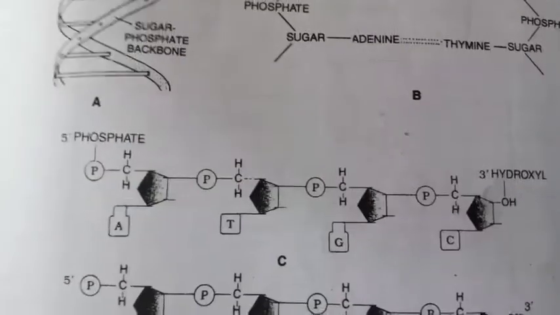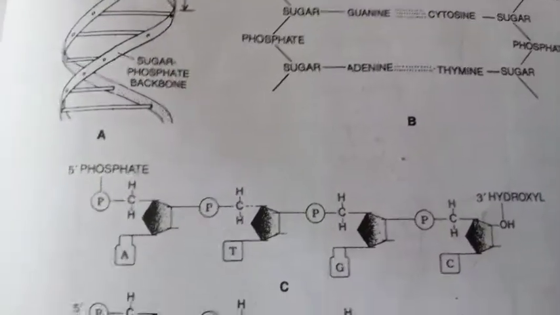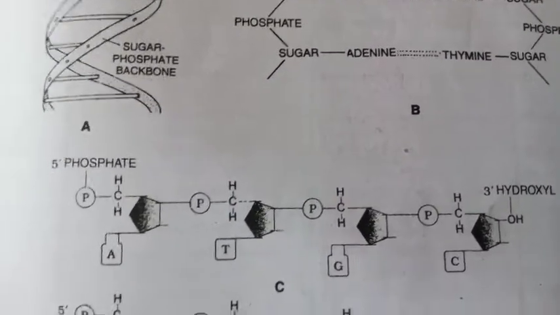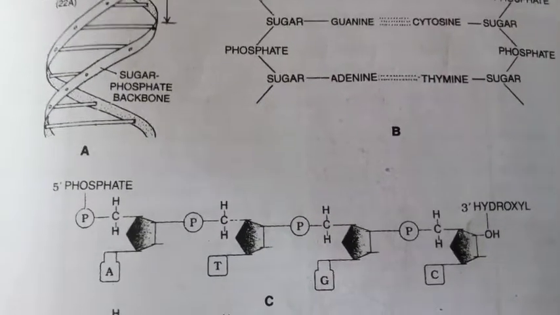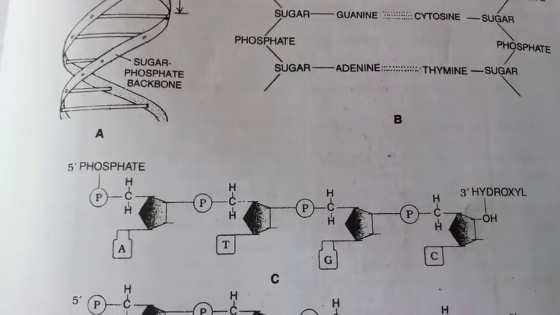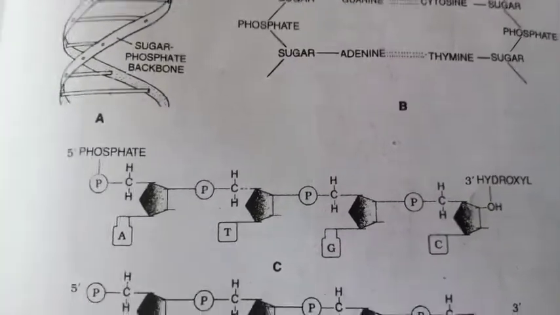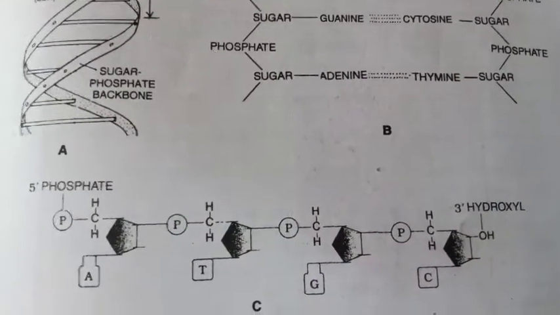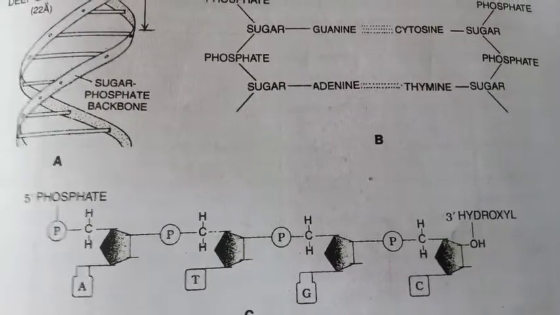And this is the DNA polynucleotide chain. You can visualize it on the left hand side of your screen. Phosphate connected to the sugar at 5' position, and then the nitrogenous base, that is adenine, lying below.